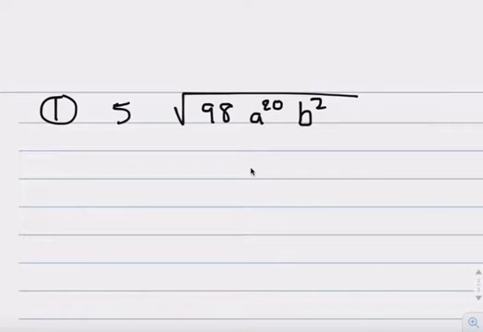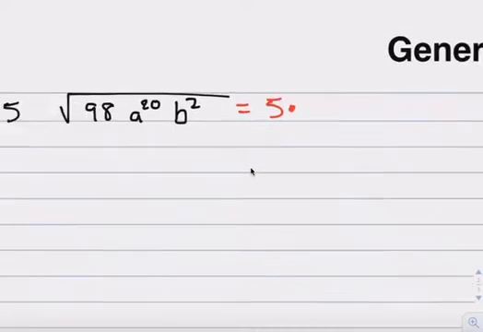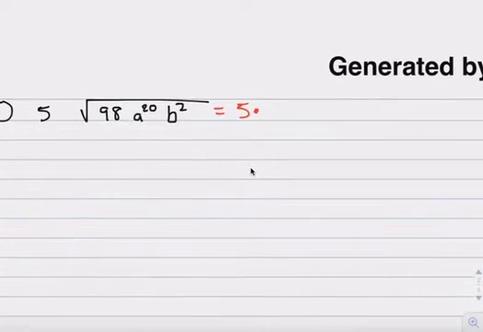Okay, first this is still 5. This is still 5 times, leave space for the answer. Okay, 98 though, I need to do the factor tree. 2 times 49, right?